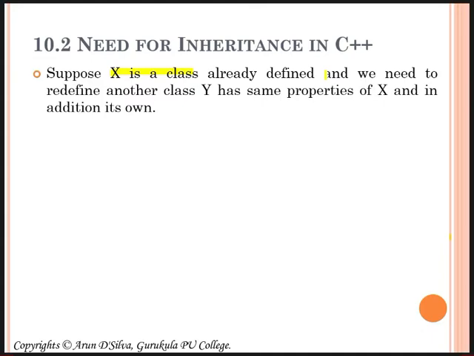We have already created class X. Imagine, okay, and we need to define another class Y, and this class has the same properties of class X. Also, in addition, its own. Whatever X has, the properties are there in that, and in addition some new properties are there.